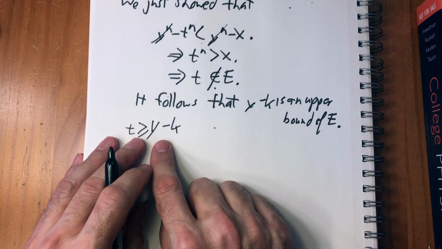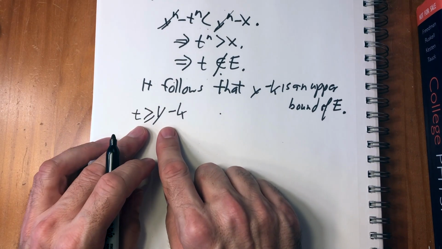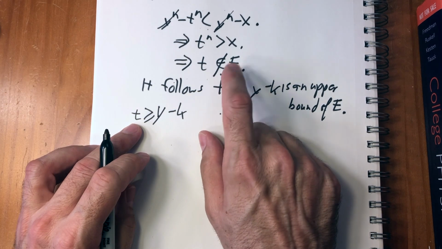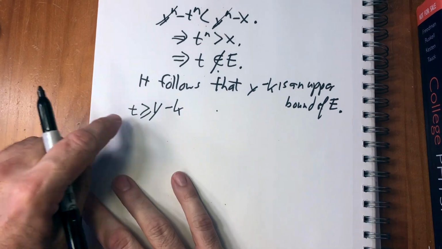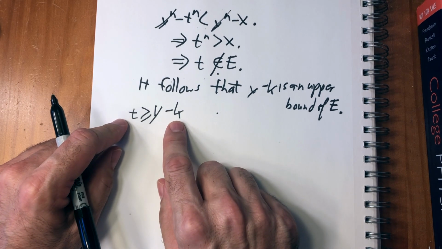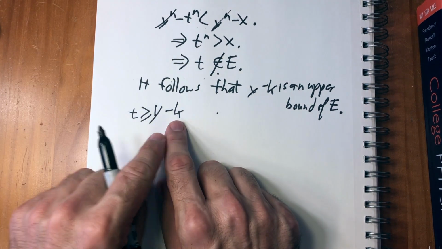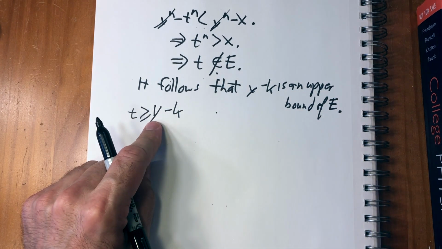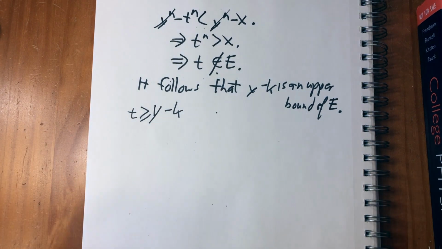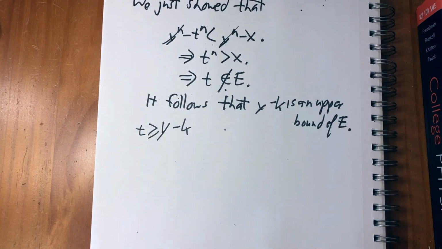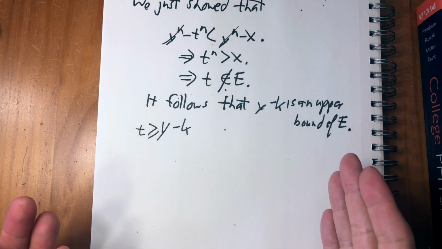And what we just showed was that if we start with that, then t is not going to be in E. And what we started with was just that t is anything bigger than y minus k. So that means that anything bigger than y minus k will not be in E. So y minus k is an upper bound, because anything bigger than that won't be in the set.